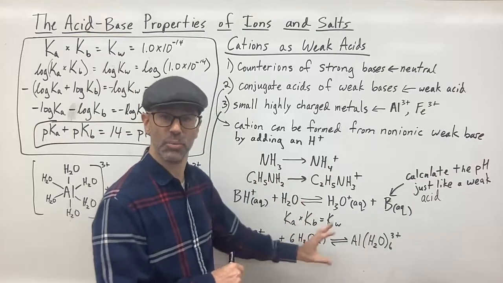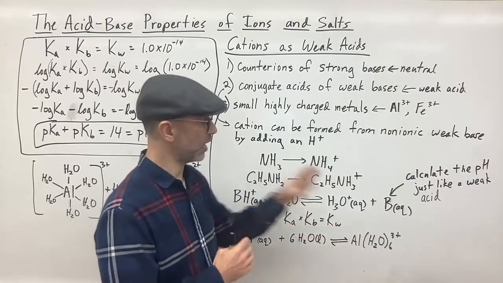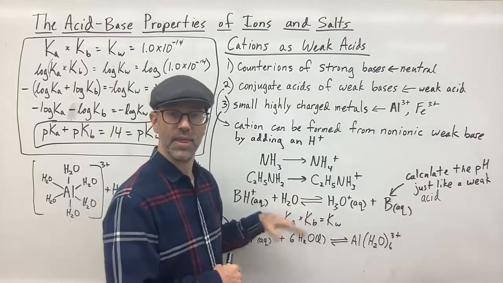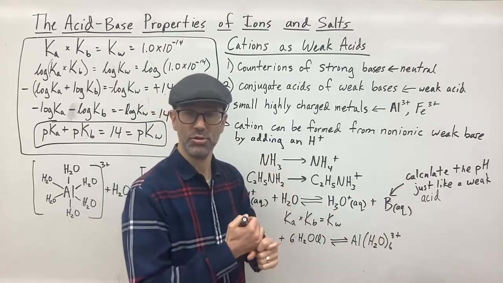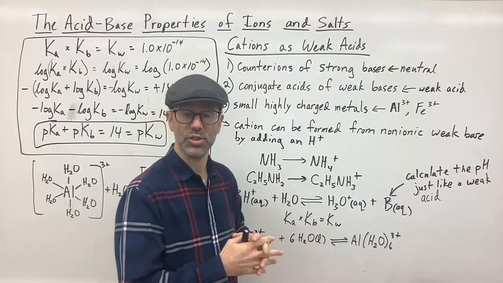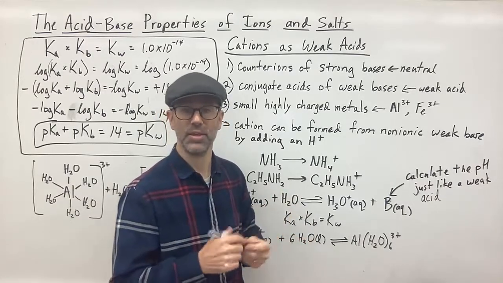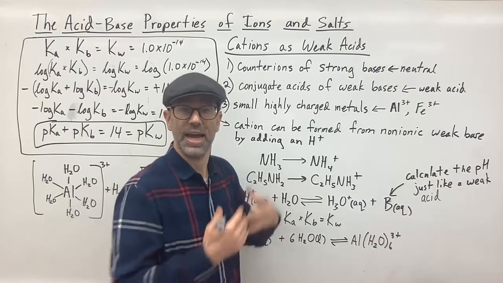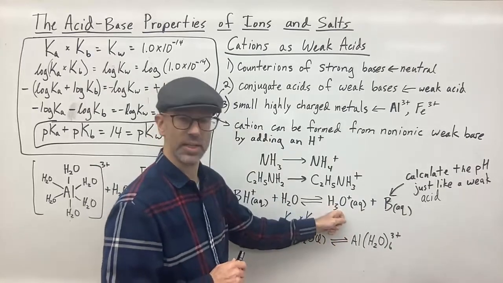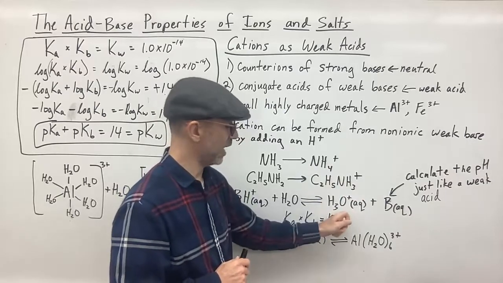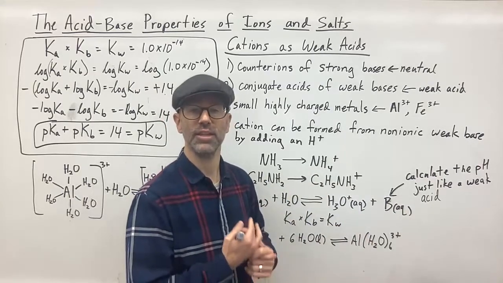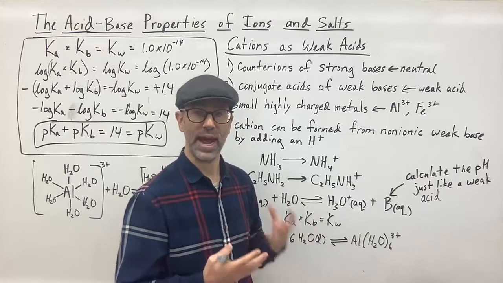I figure out what the equilibrium concentrations are in terms of X, plug that into my Ka expression for this equation, and then I can either use the X's small approximation to simplify the calculation and solve for X, or I could use the quadratic formula to solve for X, or I could use the method of successive approximations. Either way, I solve for X. X is going to be the H plus concentration. So once I find X, I know the H plus concentration. Therefore, now I can find the pH by taking the negative log of the H plus concentration. So just like a normal weak acid problem.